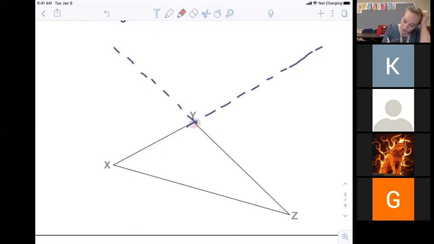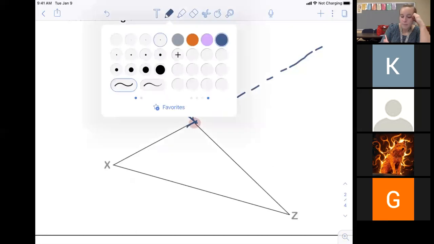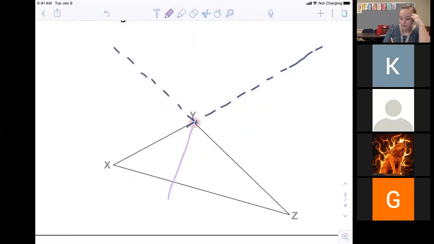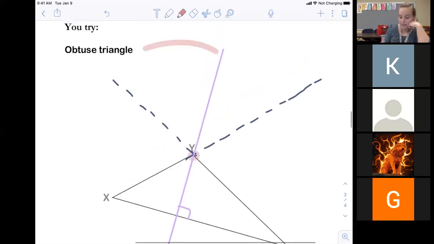When I draw my altitude from Y, it will stay inside the triangle because I have to go over here somewhere. I think that's about a right angle. But I do want to extend that line out this way, just because they're going to intersect up in this area somewhere.